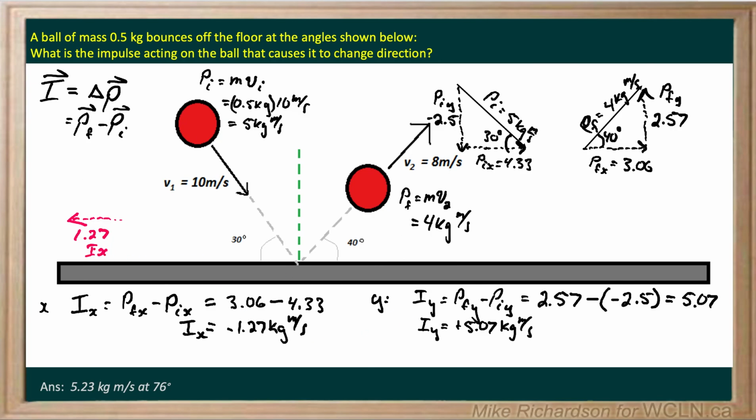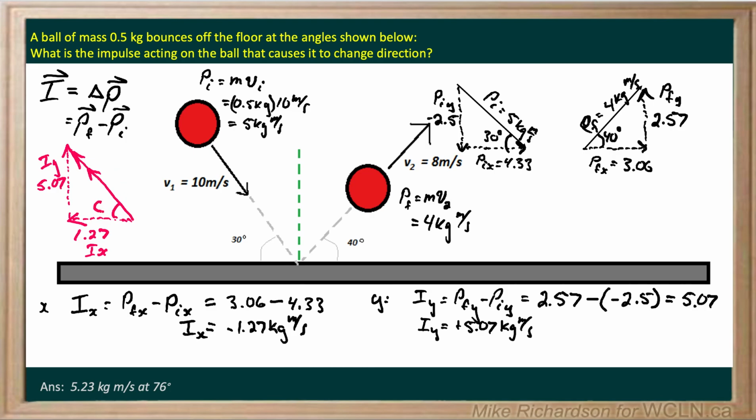And then at the tip of this one, I'm going to add 5.07, which is straight up. So 5.07 is my y component. And my overall answer will just be this hypotenuse right here, like that. Now I haven't necessarily drawn it to scale. This 1.27 should be a little bit shorter.